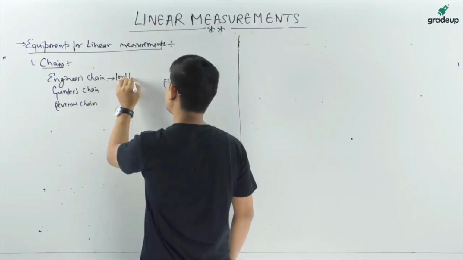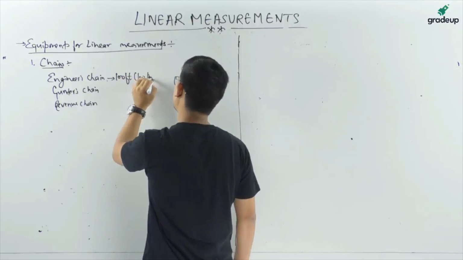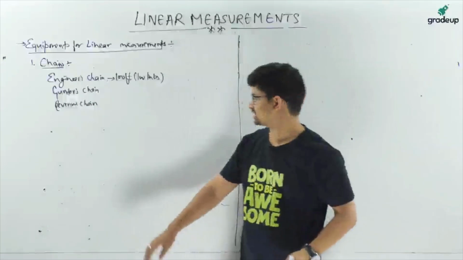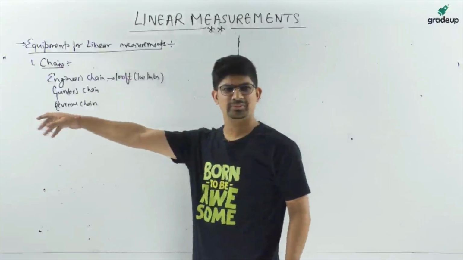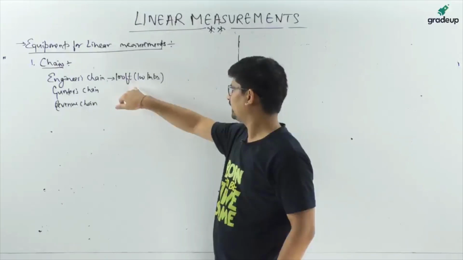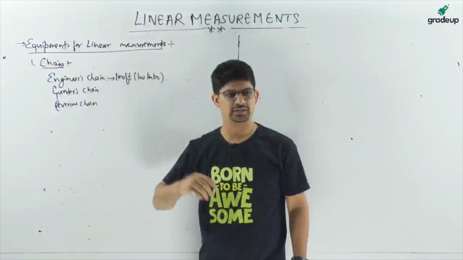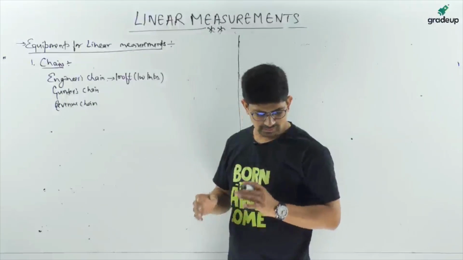So engineer's chain is 100 feet, 100 links. As we all know, engineers are the best among the people, so they have not left any ambiguity here, just a simple 100 feet, 100 links, in the simplest possible way.